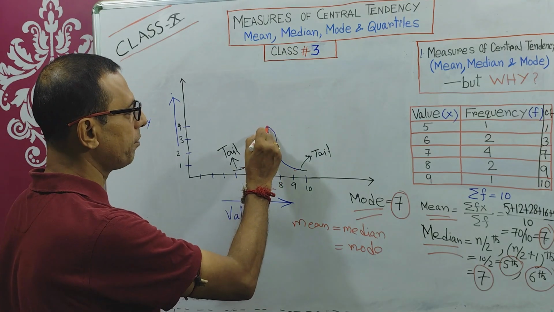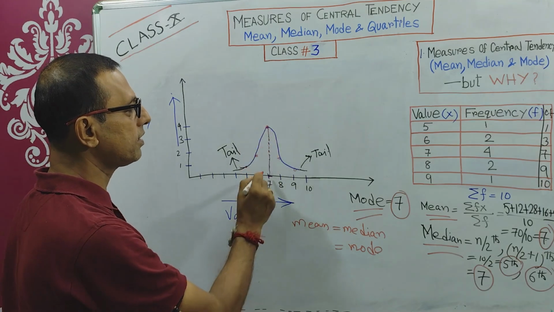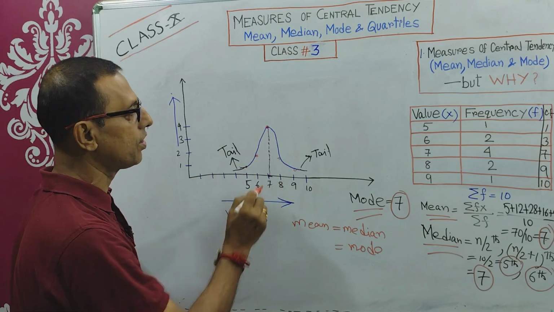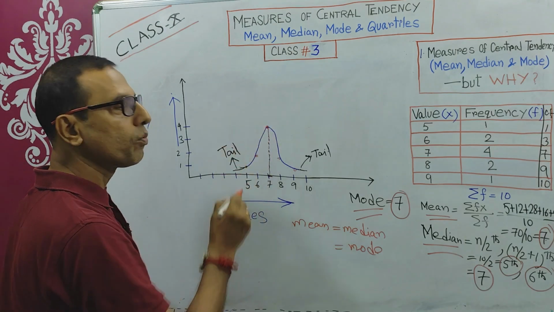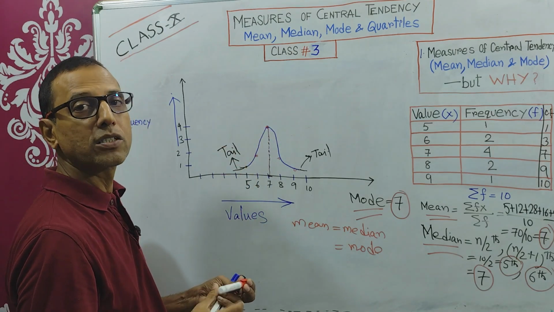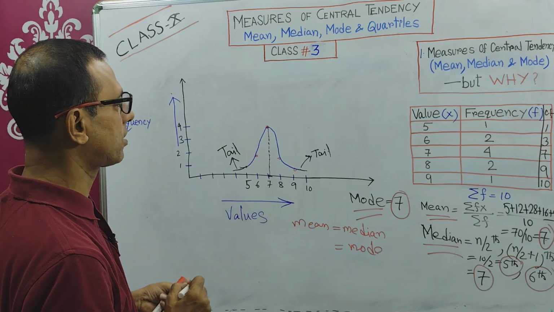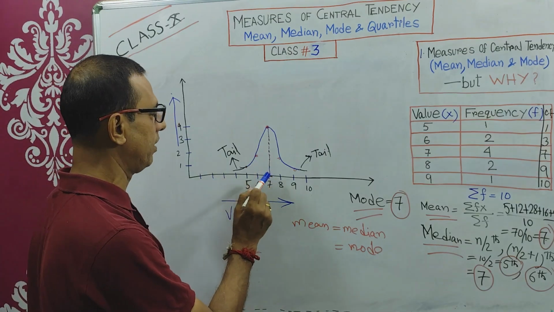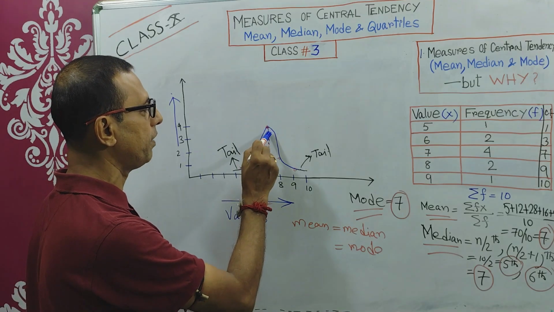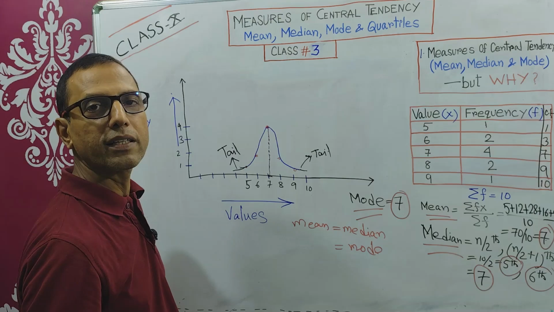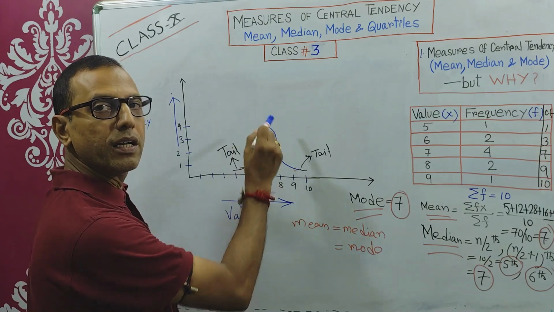So the mean, median, mode divides the entire region into two equal halves. That is what is called normal distribution. In a normal distribution, this happens centrally. All of the mean, median, mode are at the central point in the graph.